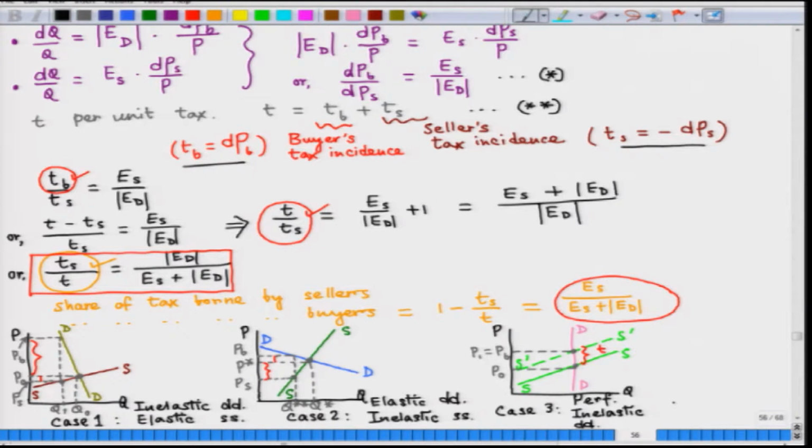Now, we are going to study the case of perfectly inelastic supply.